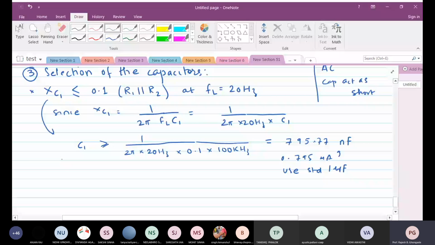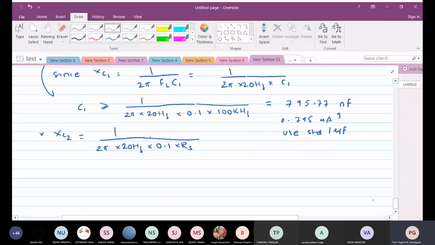XC2 is equal to 1 divided by 2 pi into FL into 0.1 into RS. We are making sure that XC2 is less than or equal to 0.1 times RS.